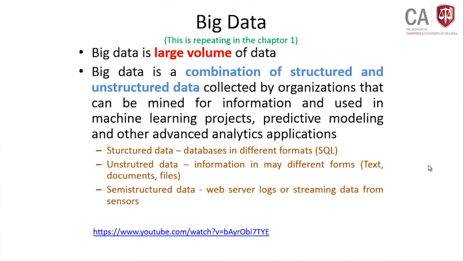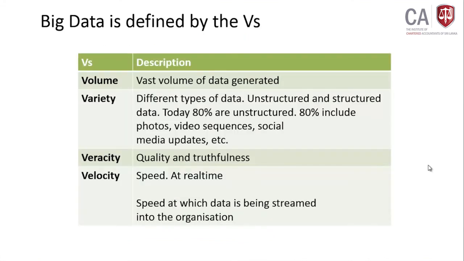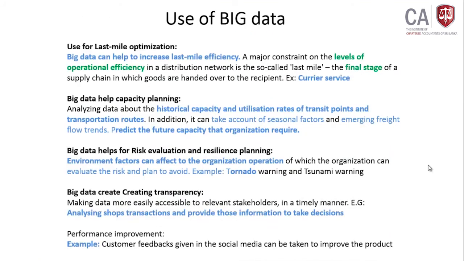Big data, we talked about that one. But we didn't talk about the use of big data. So, big data is used for what purposes? Used for last mile optimization. Using big data can help to improve the last mile.